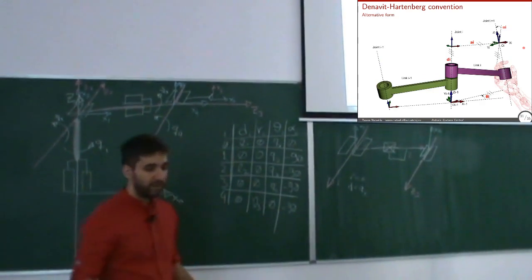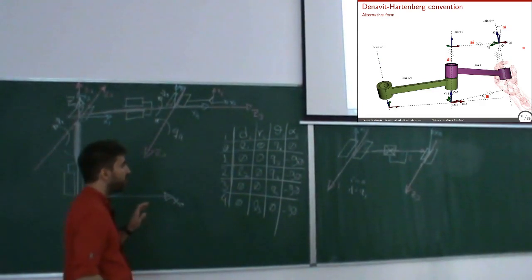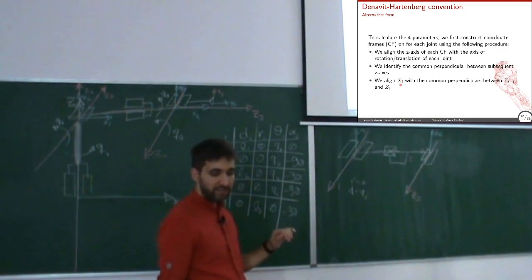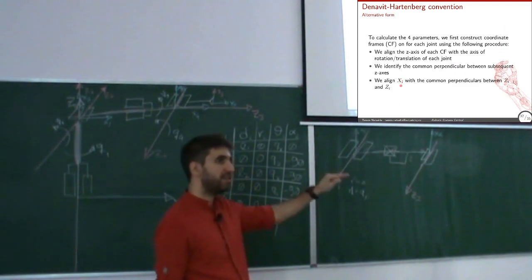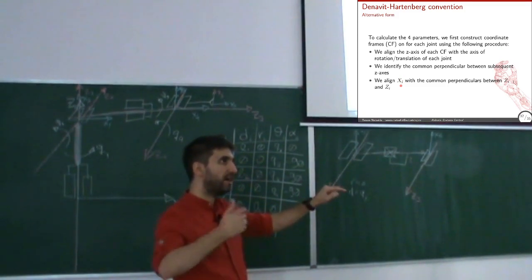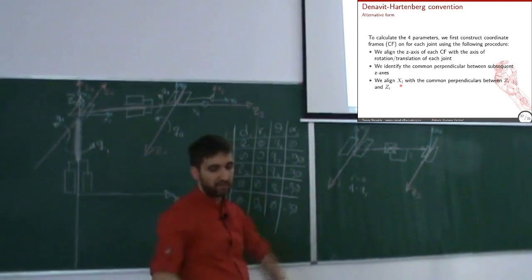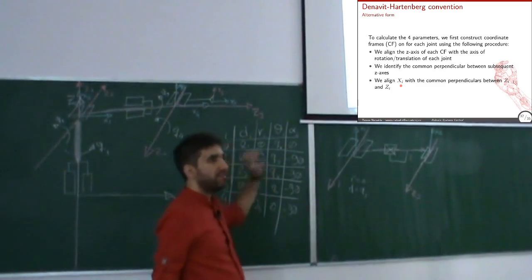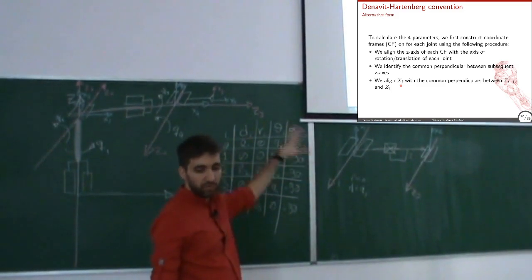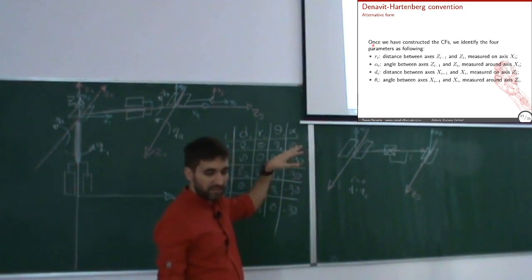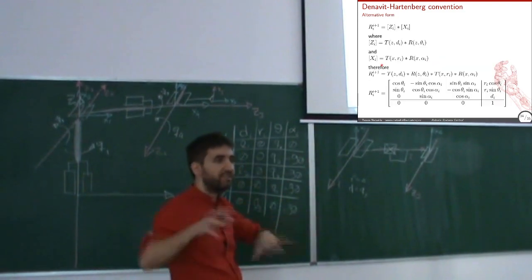It's very, very similar, but instead of defining X as the common perpendicular between Zi and Zi plus 1, you define it between Zi and Zi minus 1, and some things are slightly different. I have it there as well, just to confuse you more. And the way that these are defined is also different, but the concept is the same thing.